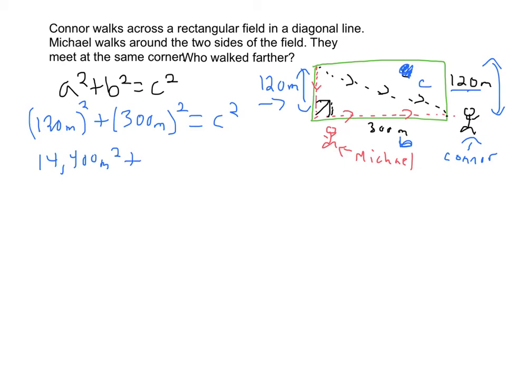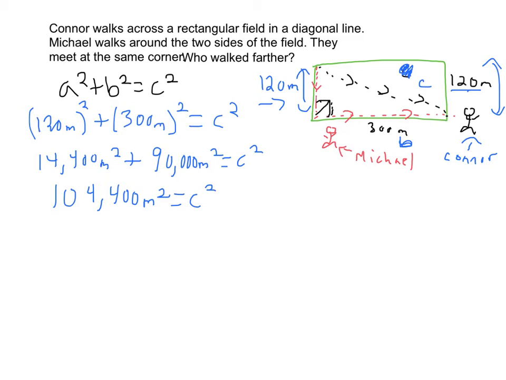Plus, when I have 300 squared, I get 90,000 meters squared equals C squared. Now when I add them up together to finish the operation, I get 104,400 meters squared equals C squared.